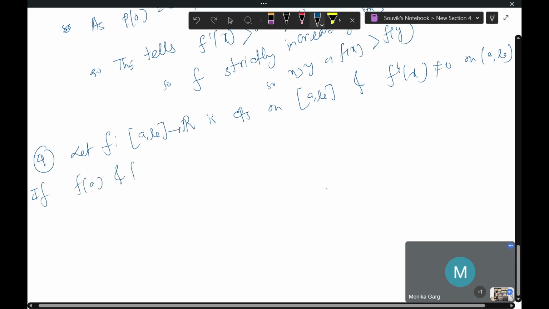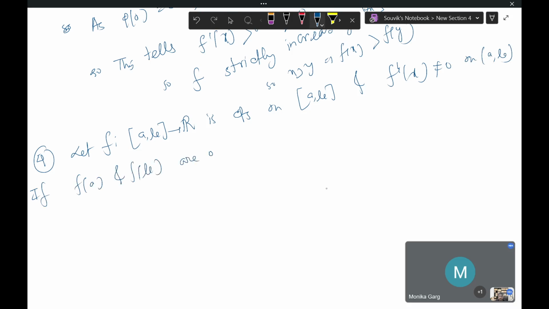If f a and f b are of opposite signs, then there exists a unique x naught belonging to the open interval (a, b) such that f x naught is equal to 0. For this, you need to use Bolzano's theorem first, and also the Lagrange mean value theorem. Try to solve this problem first. Take your time.